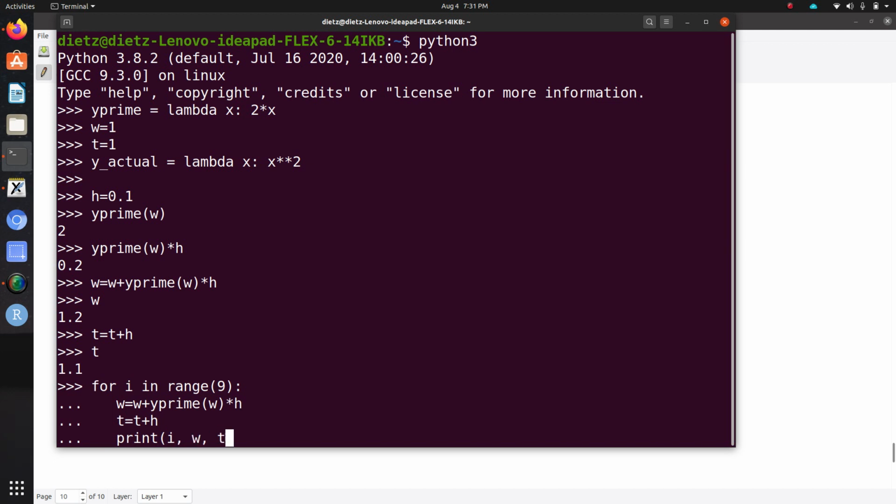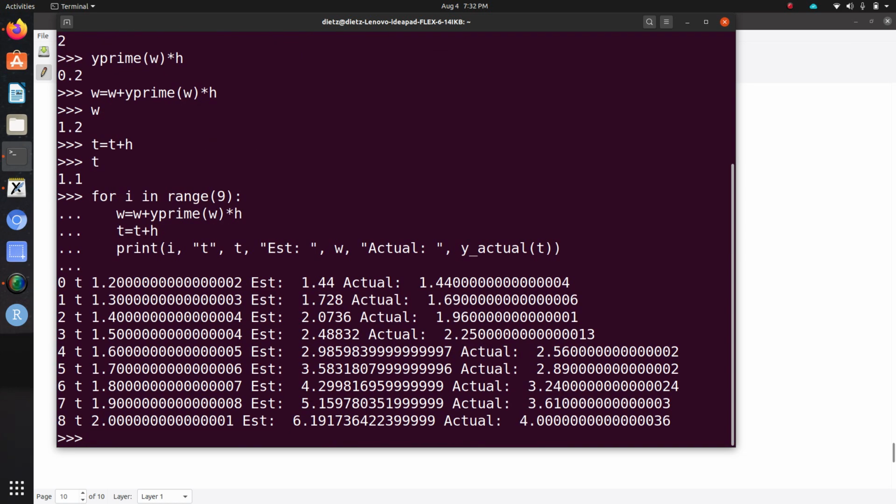And I want to print W and T and W. And then actual is what is Y actual at T. Maybe I should say this is the estimate, and maybe I should say this is the T. Hopefully that's enough information. I'm giving I, T, estimate, actual. Let's see what happens. Hopefully this doesn't crash on me.